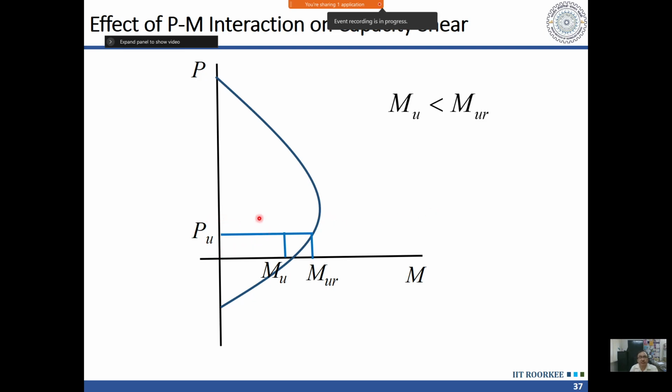So most of the time, we select the sizes of the piers in such a way that the axial force is below the balance failure, and at this load the resistance should be more than the applied moment. So MuR should be larger than Mu. That's what we anticipate.